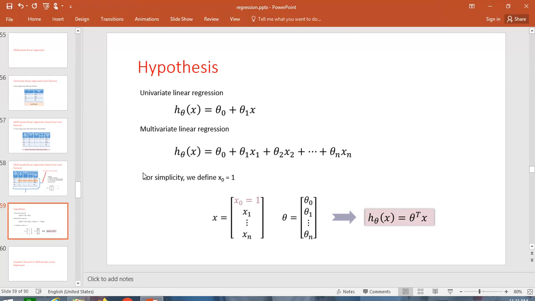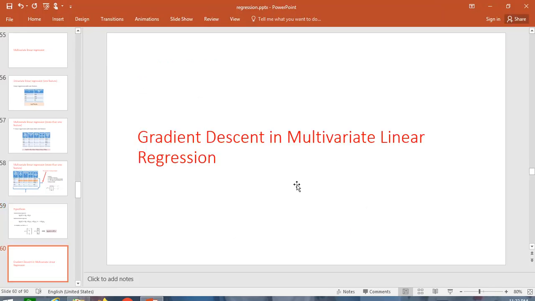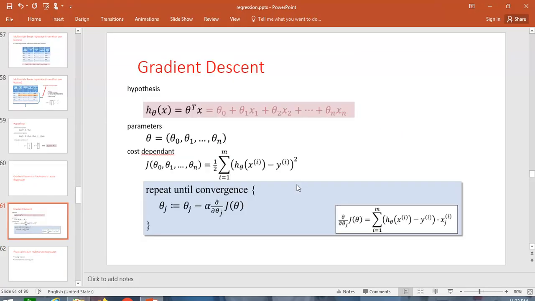Okay, here we add x0 equal to 1 as a factor multiplied in this theta 0 in order to have a symmetric formula here for the h theta x. The product of two vectors that are the same size is equal to the one-to-one multiplication of peer-to-peer elements. So we can simplify the hypothetical function in this way.